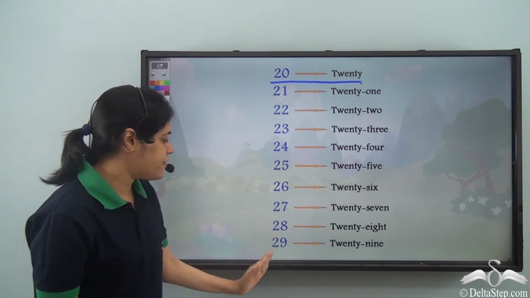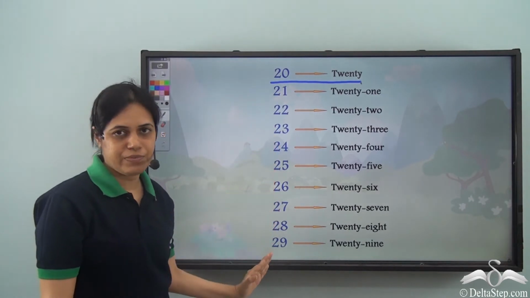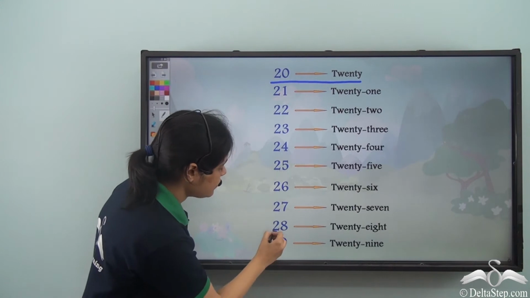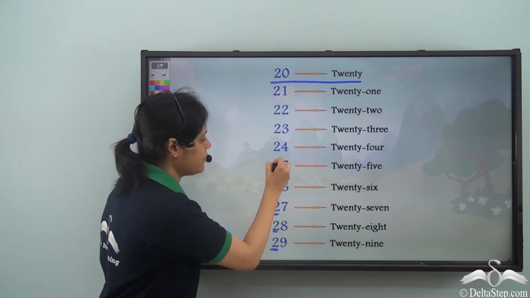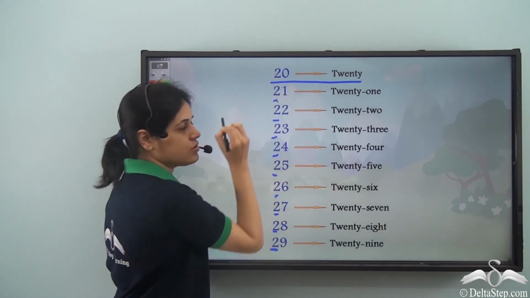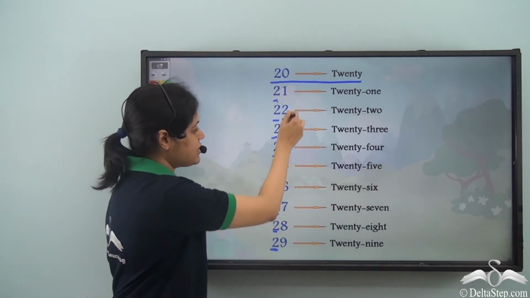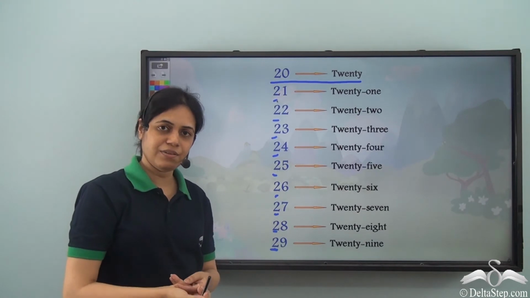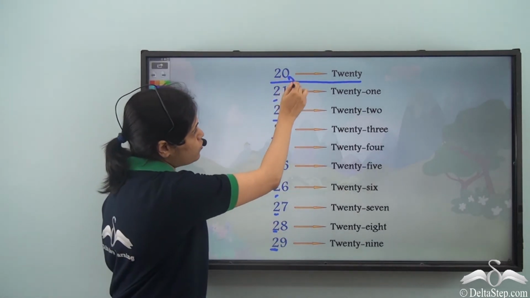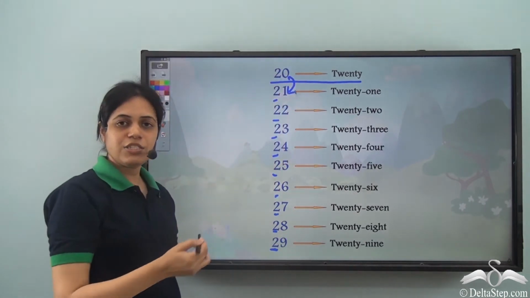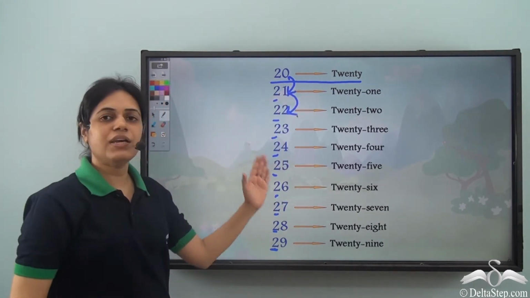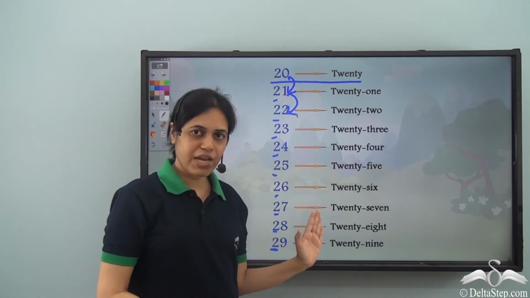Again, the first place number, in this case 2, remains the same all throughout. And in the second place, the numbers are increasing, right? So from 0 to 1 to make it 21. From 1 to 2 to make it 22, right?